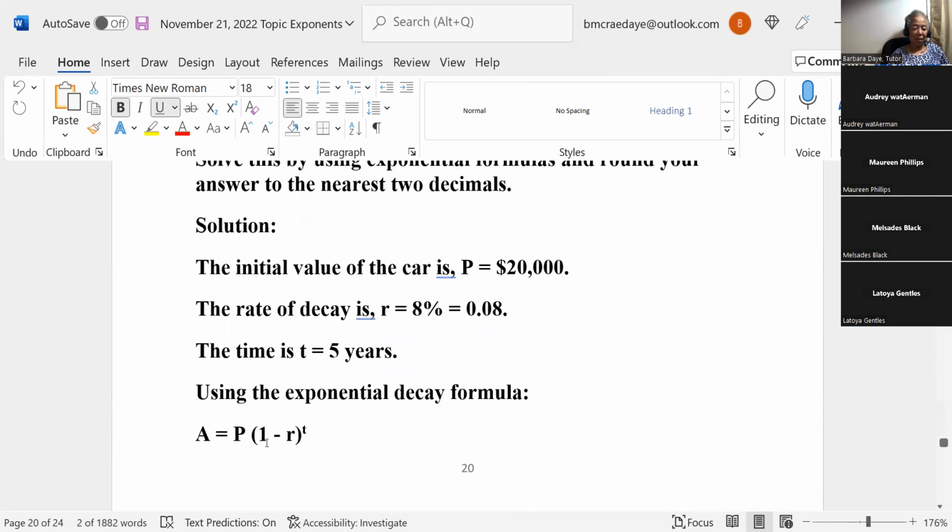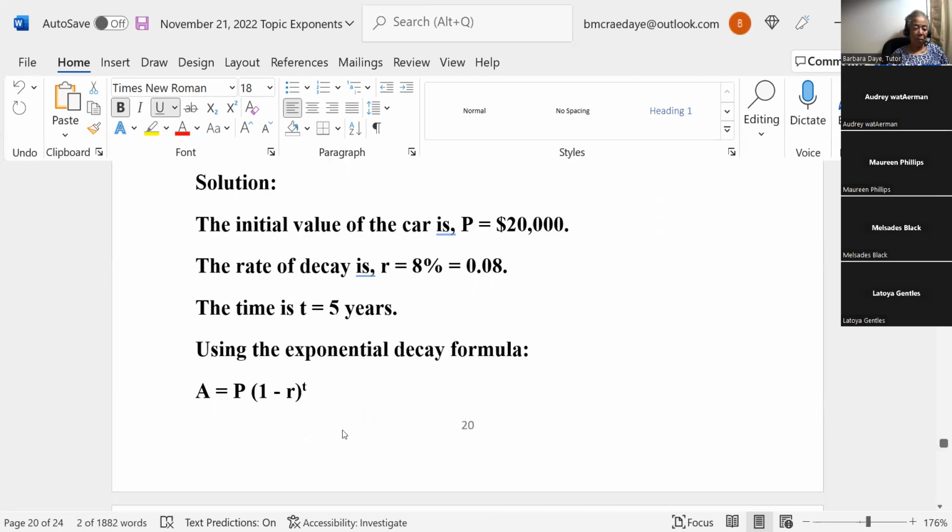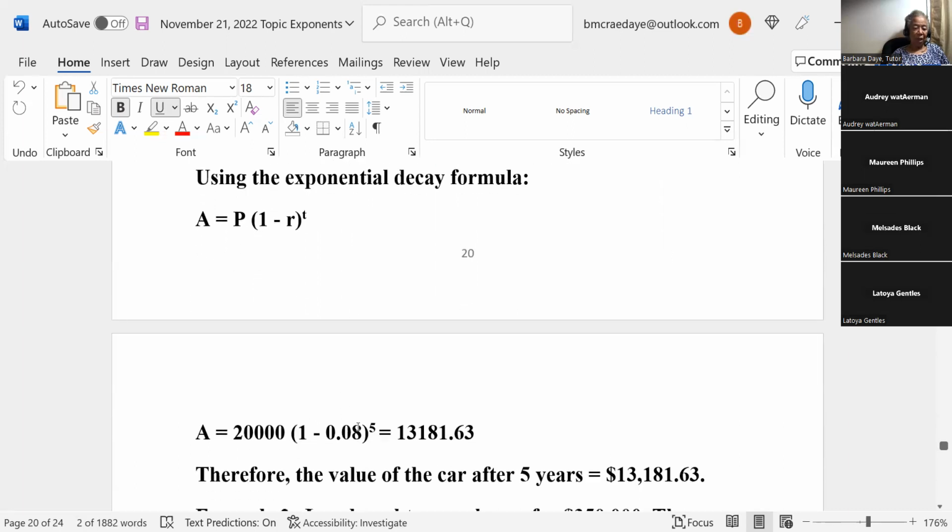Here's the formula. The present value, the value now, the original value, P, 20,000, times 1 minus the rate, 0.08, raised to the 5th power. Notice you subtract because it's depreciating.